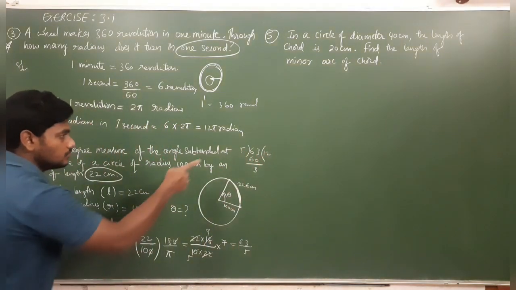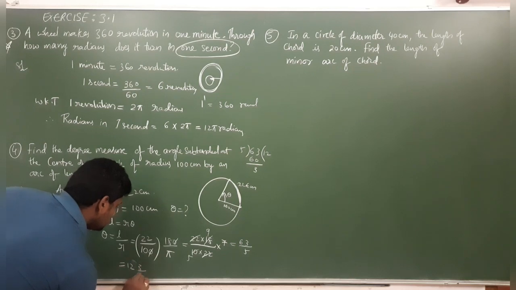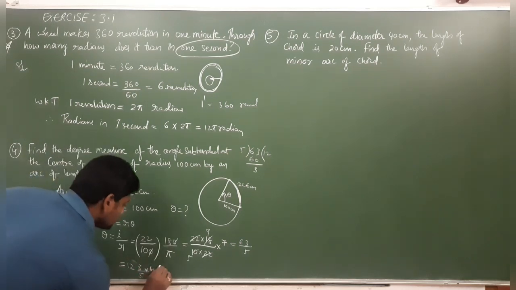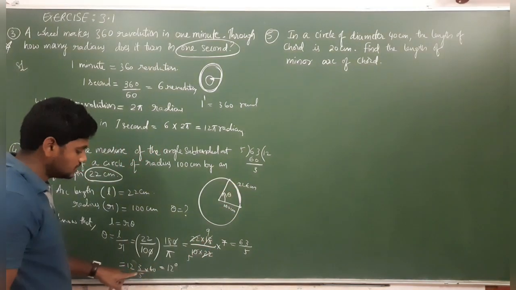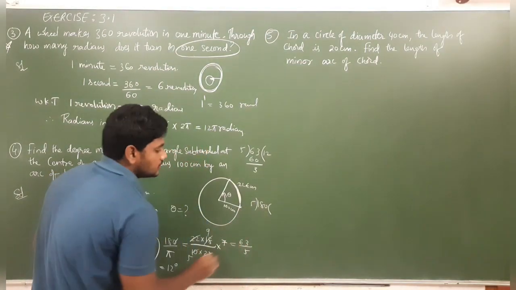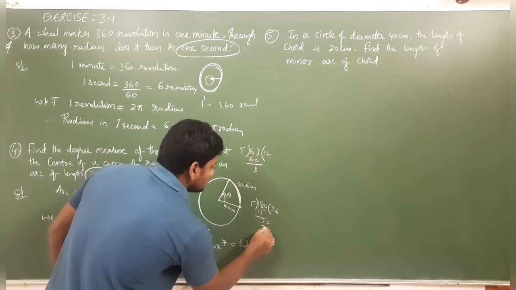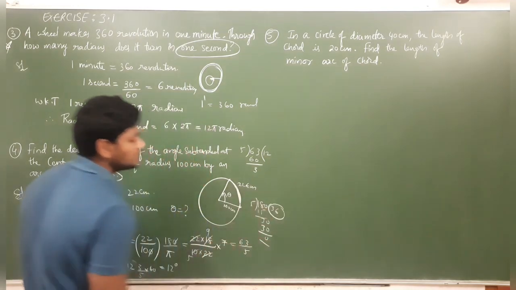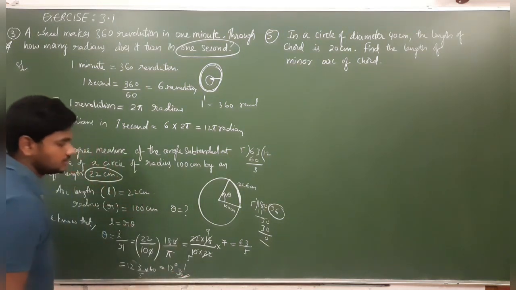Again 3 remainder. So it will be 12 degrees and 3 by 5 of a degree. 12 degrees and 3 by 5 into 60 minutes. 3 by 5 into 60: 5 6s are 30, remainder 0, that is 36. So it is 12 degrees 36 minutes.